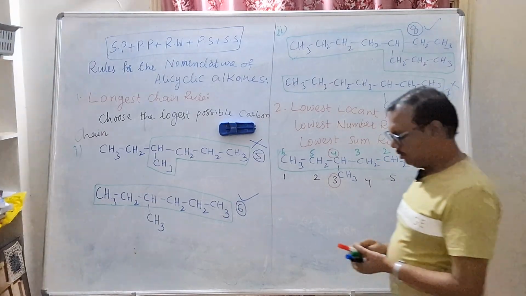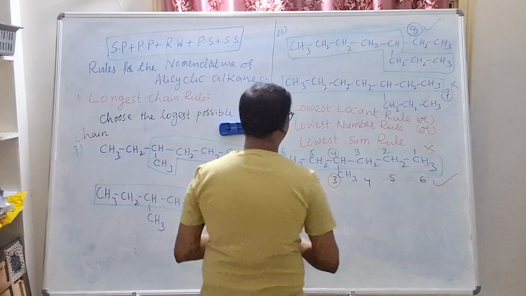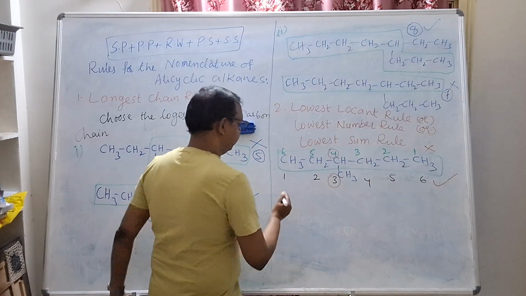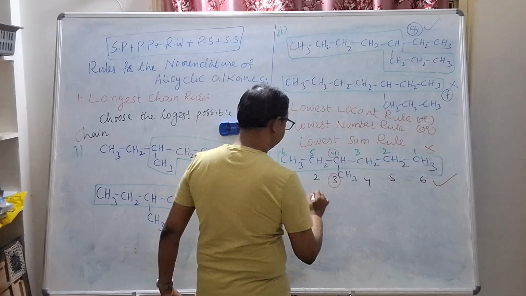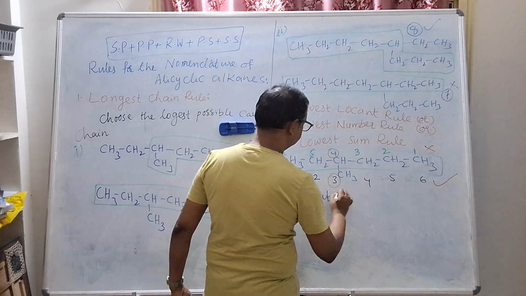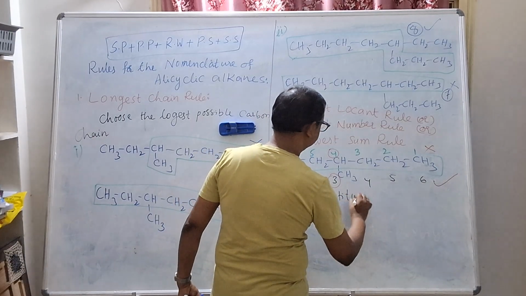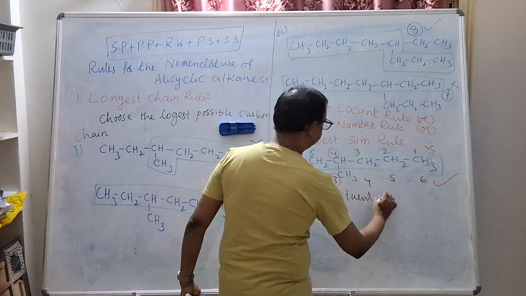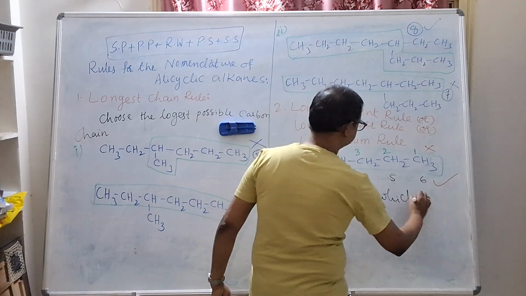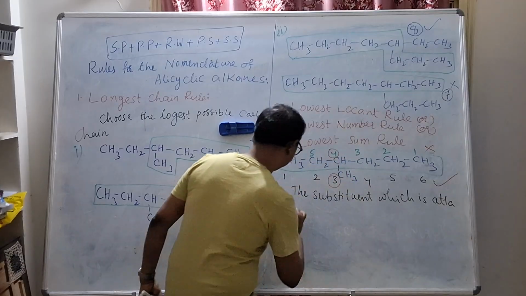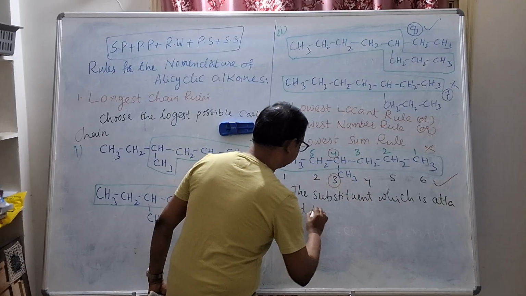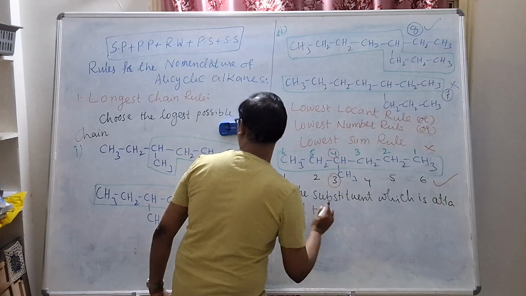Okay, you can write the rule as what here? The substituent or branch which is attached to the parent chain or main chain.